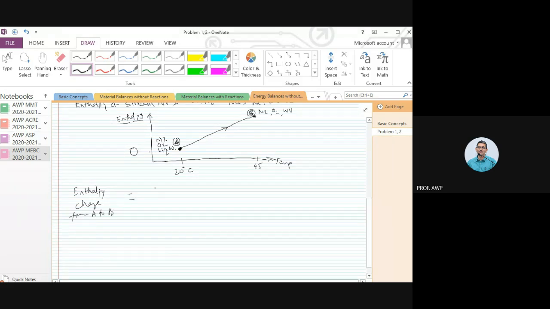That is the same as enthalpy at B minus enthalpy at A. Do you agree with this? Yes, sir. Enthalpy is a state function. What is the enthalpy at A? 0.